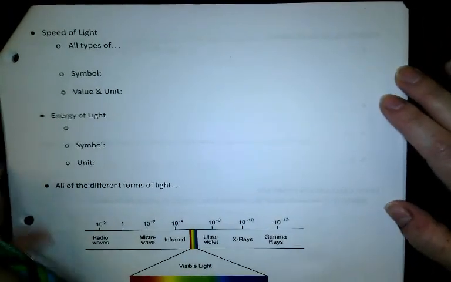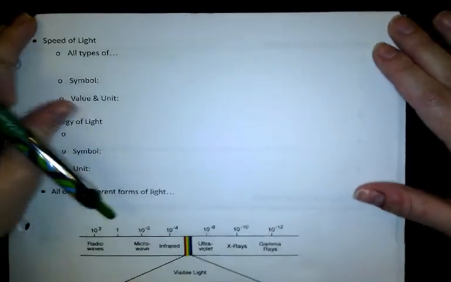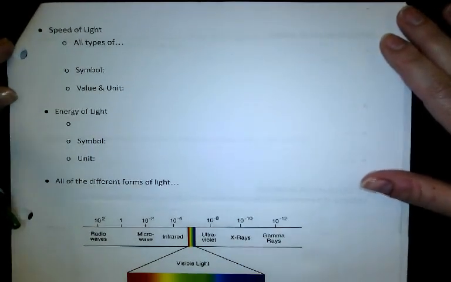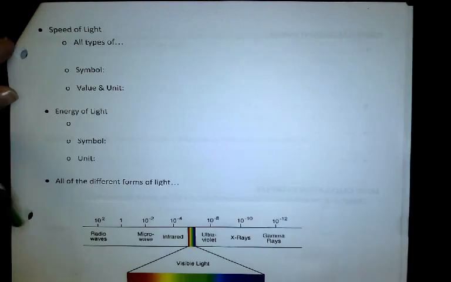Now let's talk about the speed of light. We've always heard the term of traveling at the speed of light, or if we can surpass the speed of light, but let's actually talk about what that means.